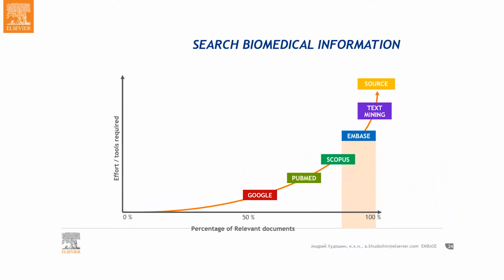Medline is a little bit better. Even Scopus gives you better results than PubMed, Medline, and Embase gives you close to 100% of results without taking a lot of effort from you. It means that you don't need more expensive solutions like text mining, and you also don't need to read text manually to have full access to the information.